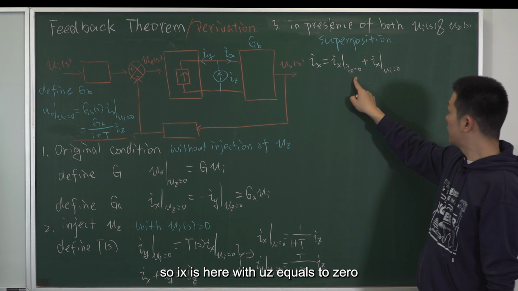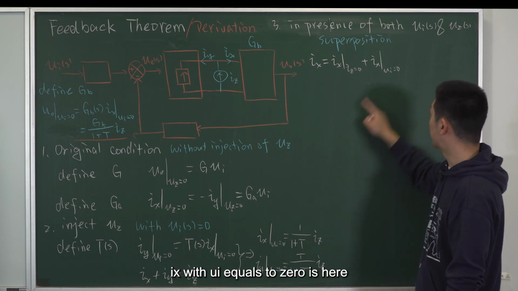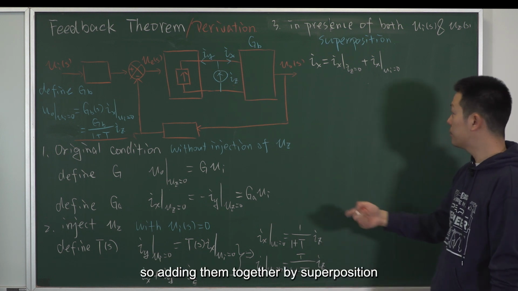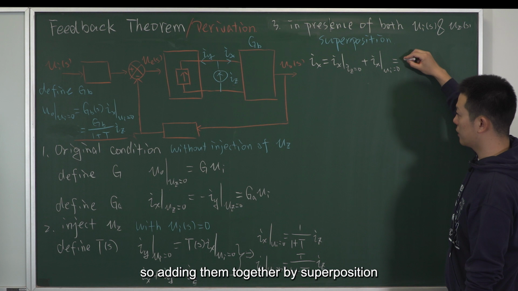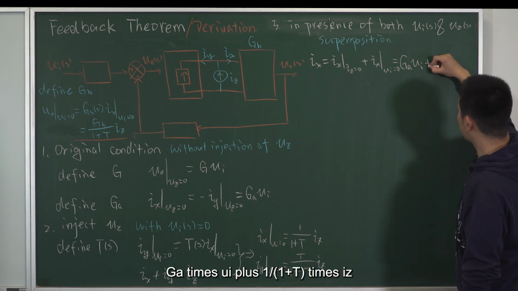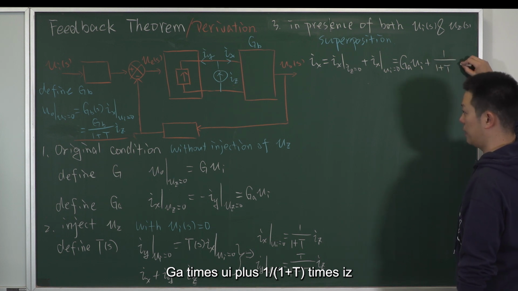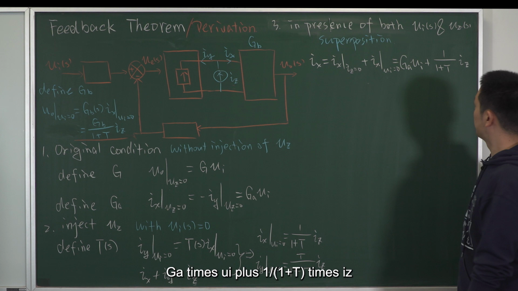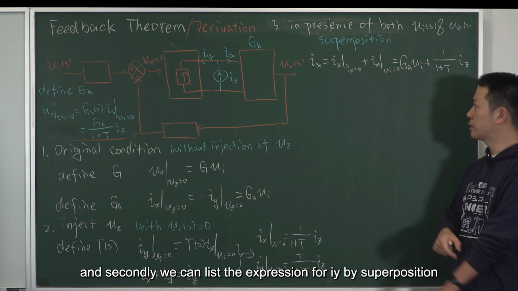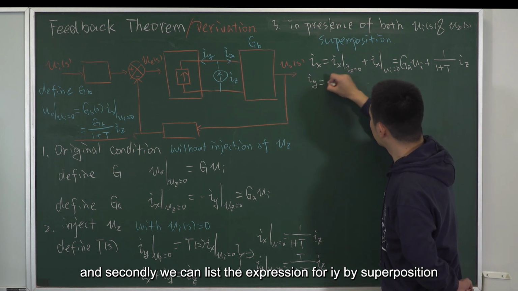So Ix is here with UZ equals to 0. Ix with UI equals 0 equals to here. So adding them together by superposition, GA times UI plus 1 over 1 plus T times Iz. And secondly, we can list the expression for Iy by superposition.